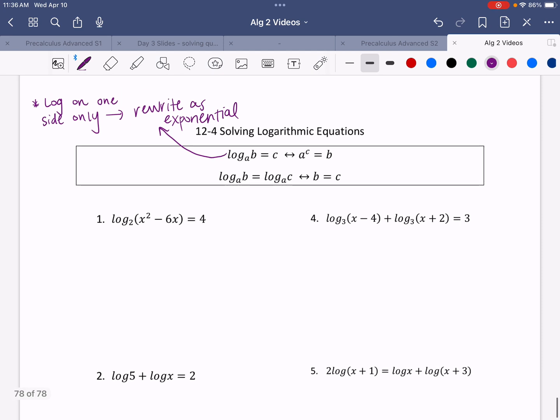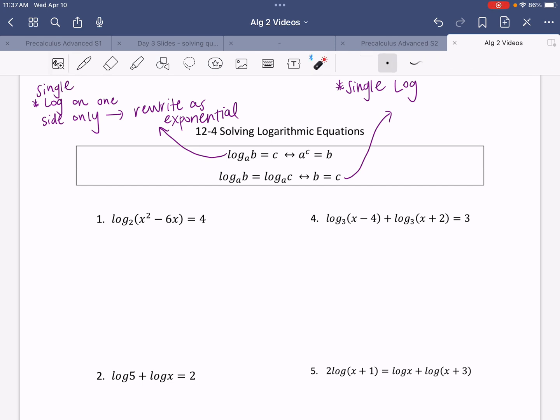If our unknowns are inside logs and the logs are on both sides of the equation, it's pretty cool: as long as the base is the same, we can set the arguments equal to each other. On both of these, I guess I should say a single log and a single log, meaning there can't be multiple.